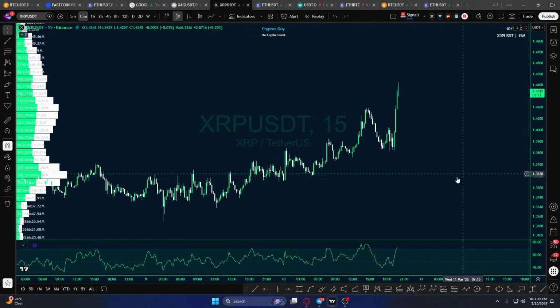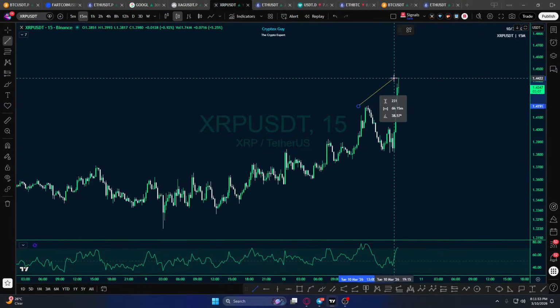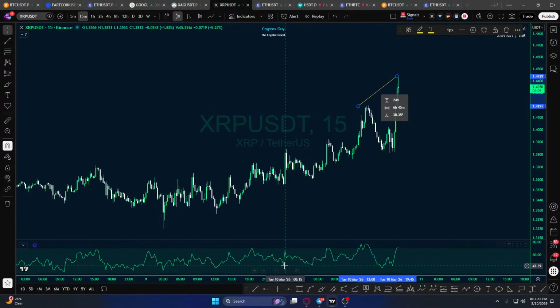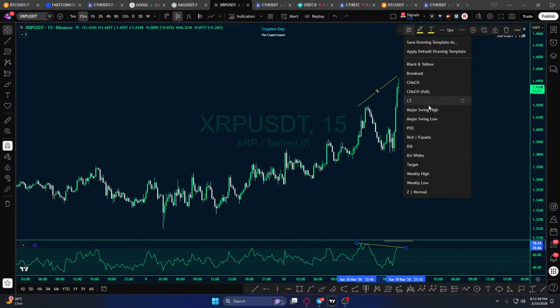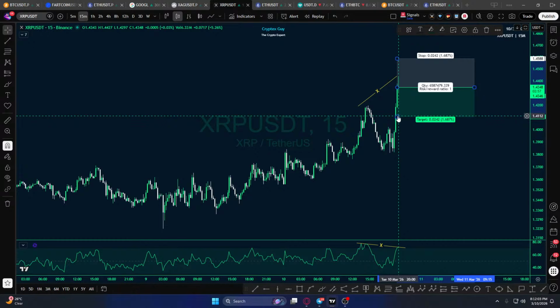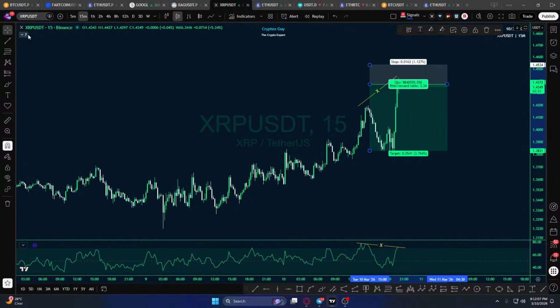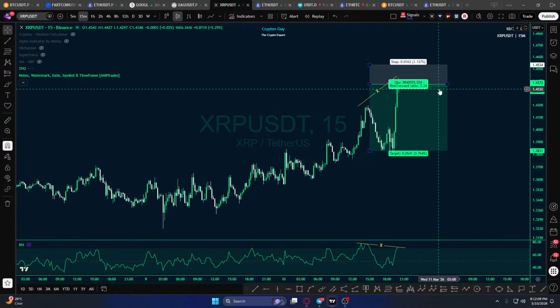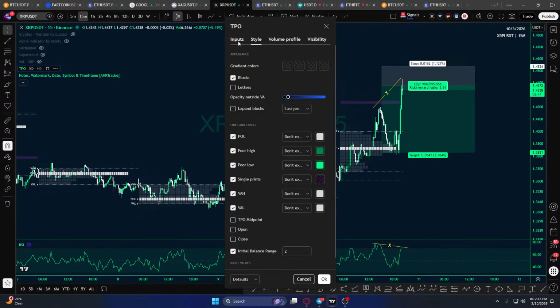Yep, maybe we have found a setup. Maybe, I'm not sure. You can see we have our RSI divergence here, and you can short it if you wait for it. Let me just confirm it. And it's on the daily time frame.